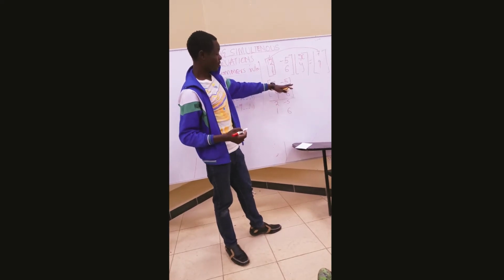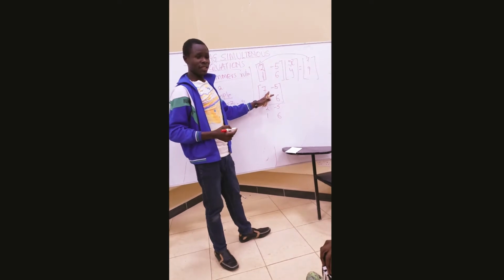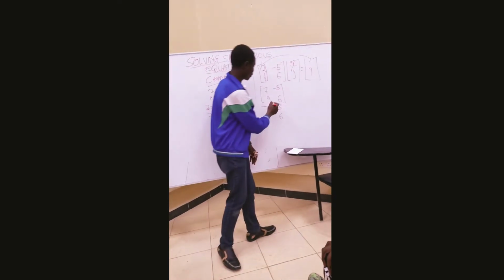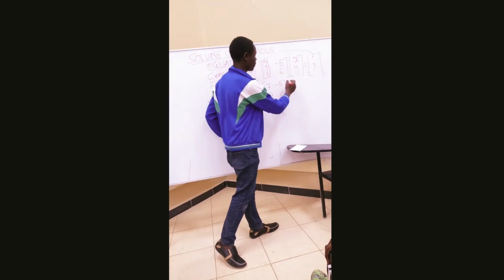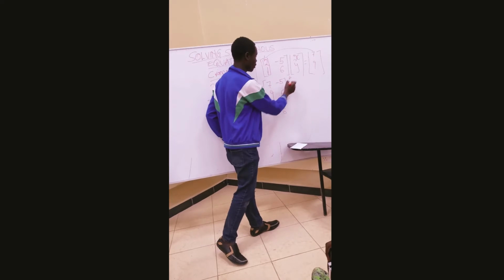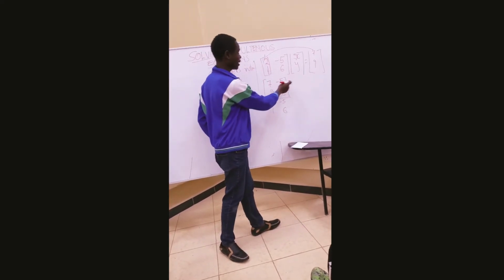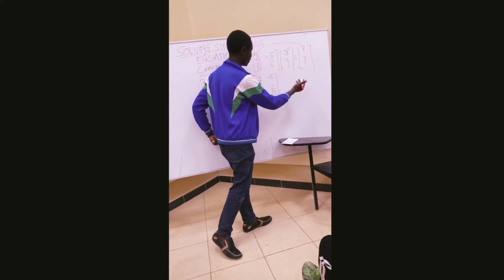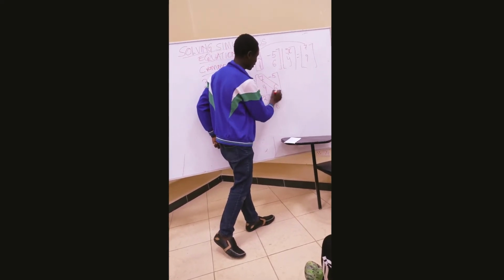So let's start finding the determinant of the first matrix, the numerator. Finding a determinant is always the product of the primary diagonal minus the product of the secondary diagonal.